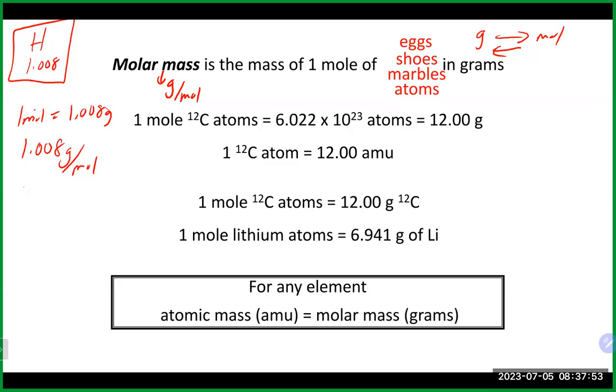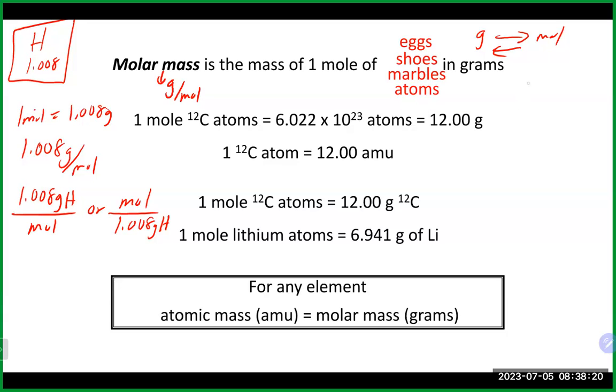So we could say 1.008 grams of hydrogen per mole, or if you needed to do some dimensional analysis, you could flip it around and use it as a conversion factor the other way as well. You also can, as we talked about when we do some of these labs, calculate the molar mass from the periodic table for anything that's a molecule as well, or any type of thing from the formula.